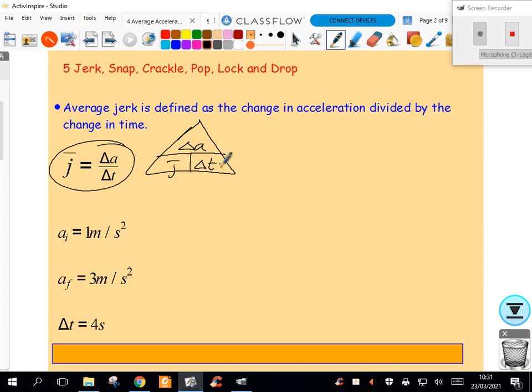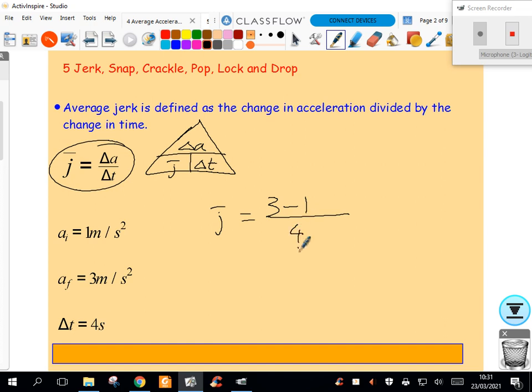So suppose I'm given an initial acceleration of 1 meter per second squared and a final acceleration of 3 meters per second squared, and 4 seconds of time passed while changing my acceleration. We would say the average jerk here is equal to the change in acceleration, that's the final minus the initial, divided by the change in time.